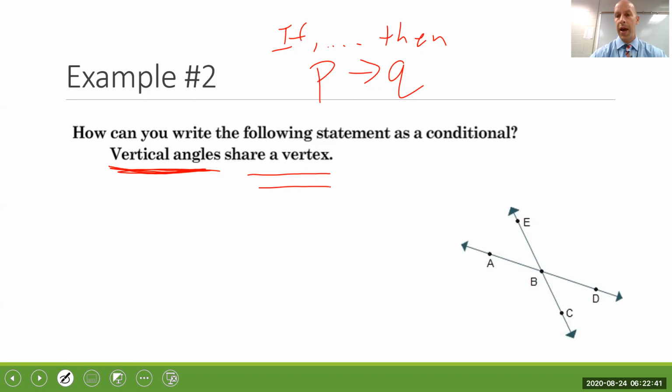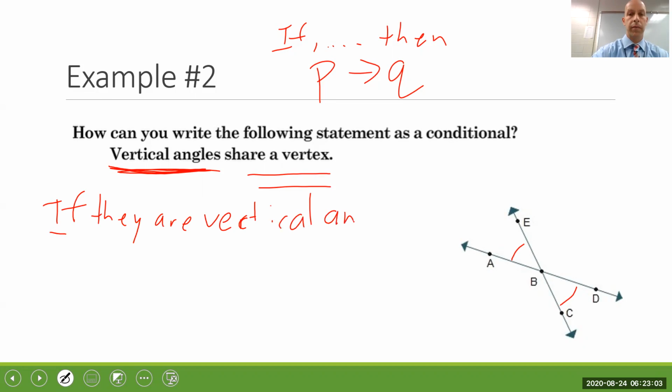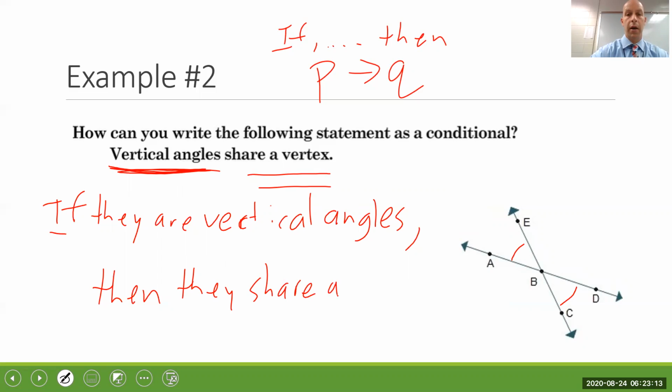So for example, angle ABE, this angle here, and angle CBD, this angle here, those are vertical angles and they share a vertex. So if they are vertical angles, then they share a vertex.